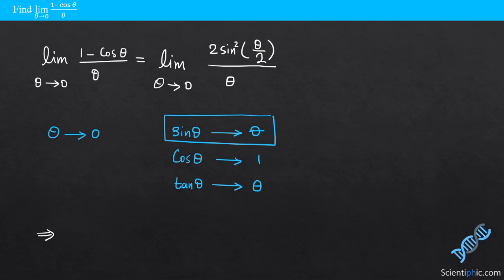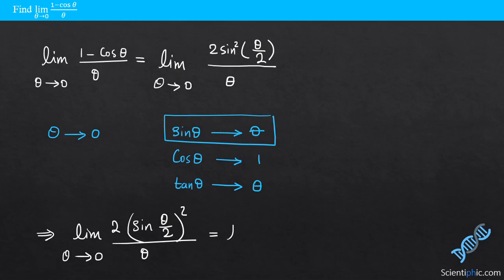So I will have the limit of 2 sine of theta over 2, the whole thing squared over theta when theta goes to 0. So in the bracket I have sine of theta over 2. Instead of sine of theta over 2, I can write theta over 2.